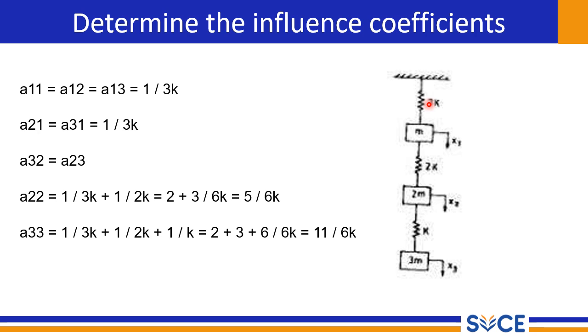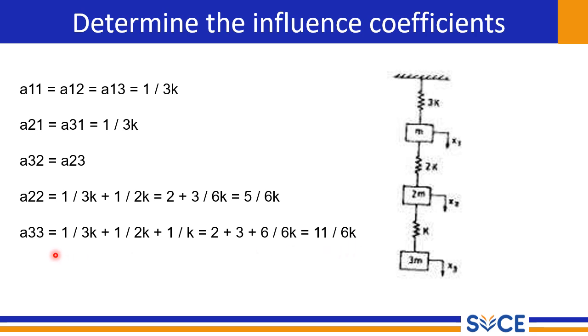So, A33 we can calculate, meaning the deflection of the third mass due to a unit force applied to it. A unit force on the third mass will cause all three springs to extend. The top spring extends by 1 by 3K, the middle spring extends by 1 by 2K, the bottom spring extends by 1 by K. Adding these extensions together, we get 11 by 6K. So, this is going to be the influence coefficient A33.